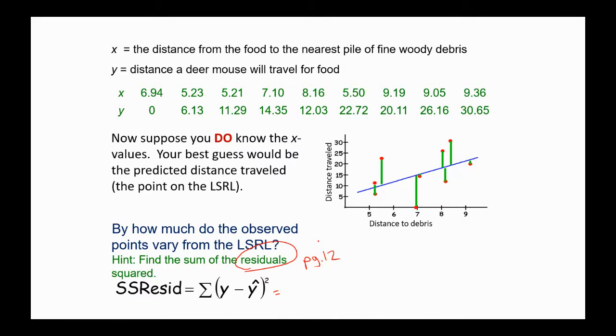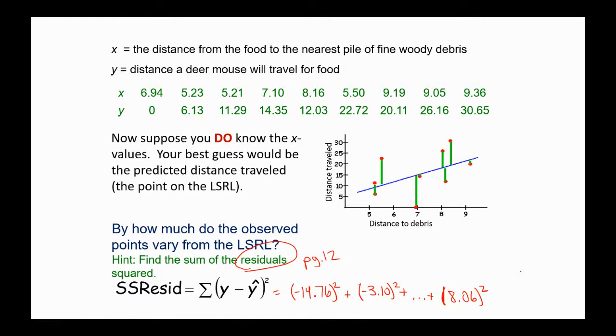So, again, if they're already calculated, just show me where you're squaring the residuals. So, negative 14.76 squared plus negative 3.10 squared. And we just keep squaring all the residuals until we get to the last one, 8.06 squared.